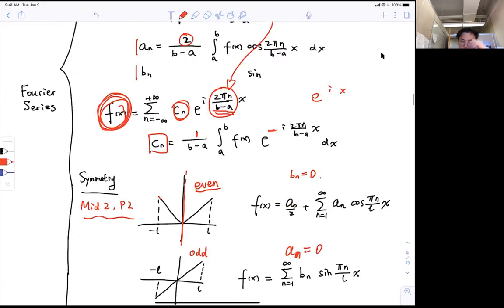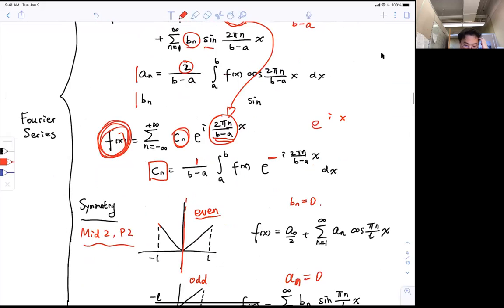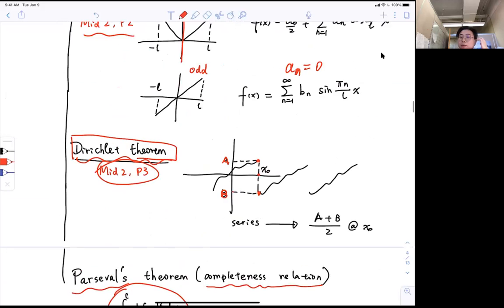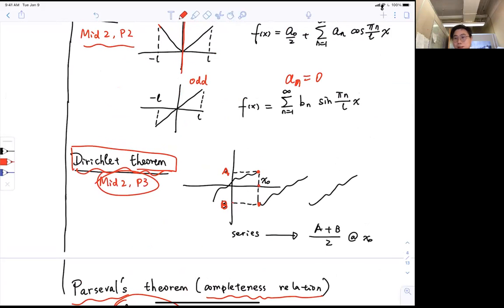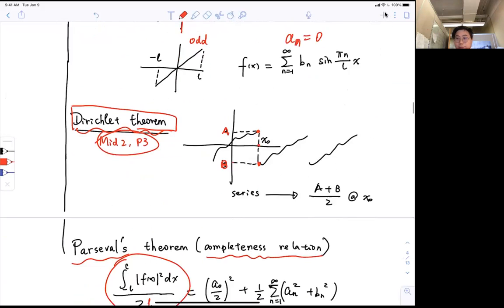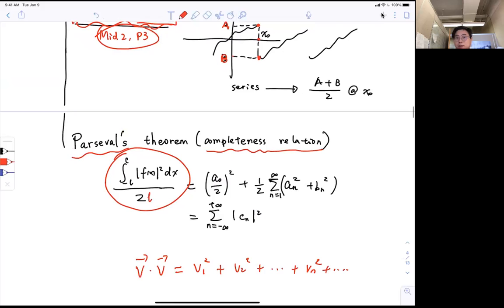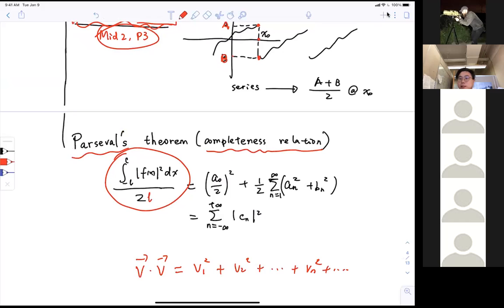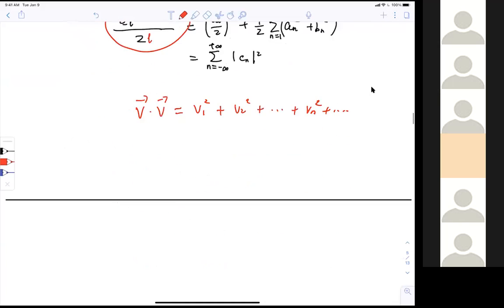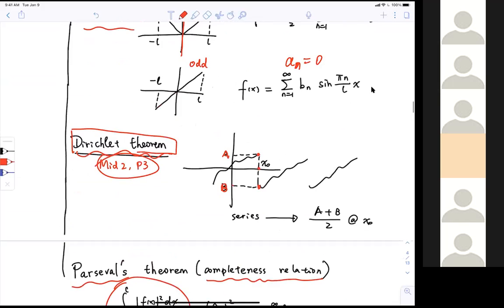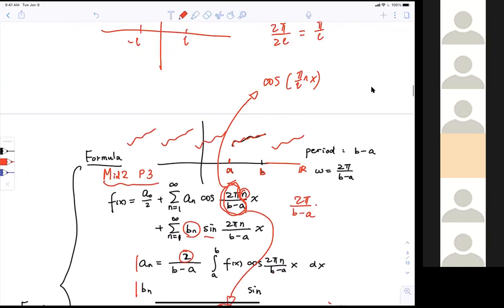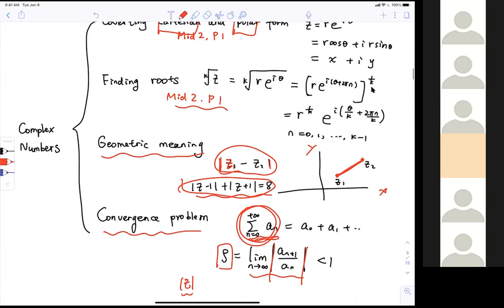Right. So any question about this part? Okay, so I think I covered most of the important points.